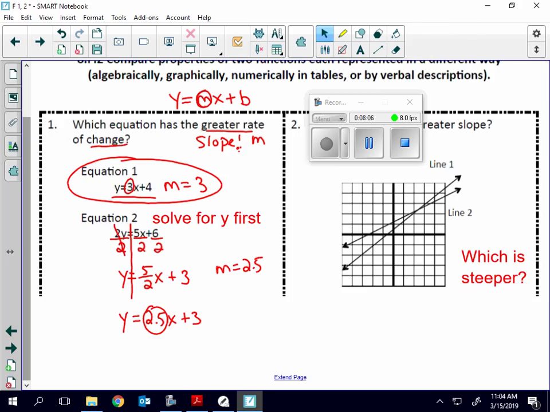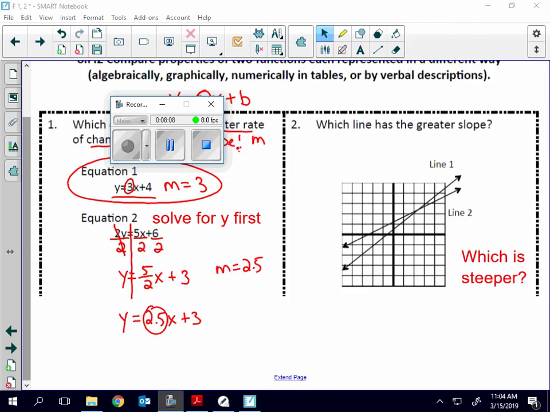Okay. Number 2, which one has the greater slope? This means which line is steeper. Greater slope means steeper. If we're looking for the smaller slope, we want the one that's less steep.